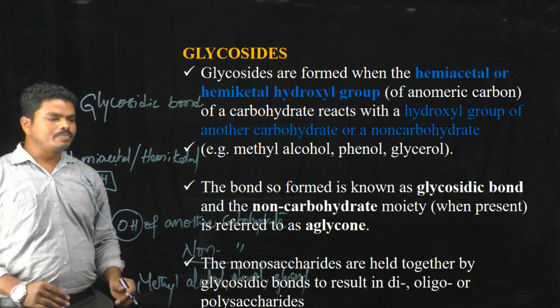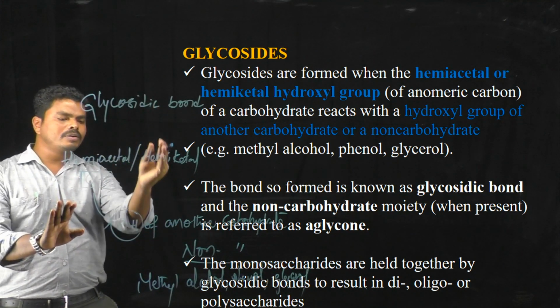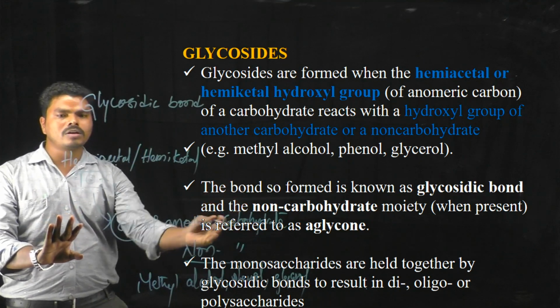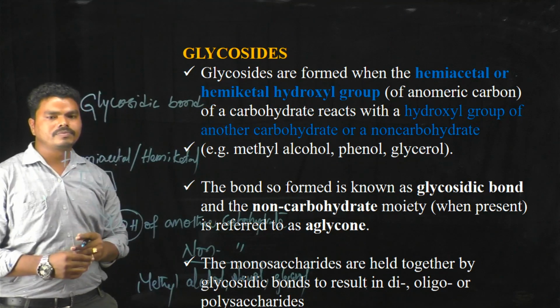Understood? So the other moiety which is attached with the glycosidic bond may be either carbohydrate or non-carbohydrate. That type of compounds are called glycosides. Understood?